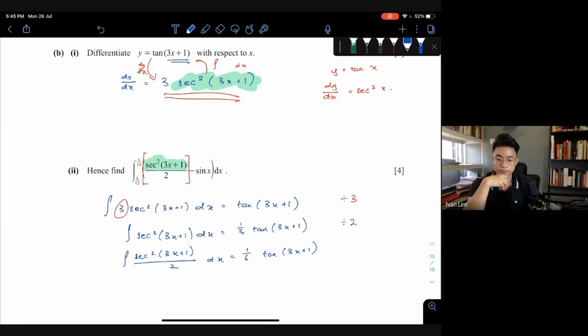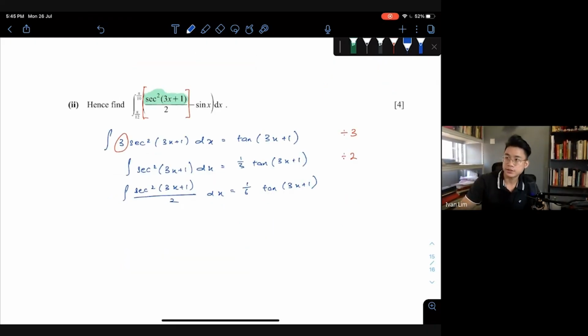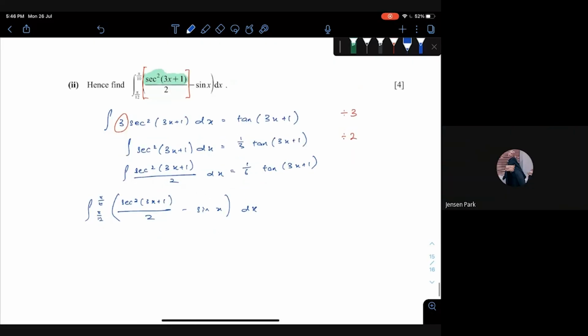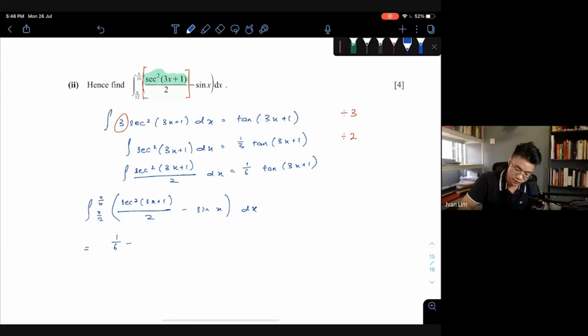Clear here? Yes. Okay, then the sine x. Let's do the whole thing now. I know that this one is 1 over 6 tangent (3x plus 1). So let's write back the question: pi over 12 to pi over 10 of secant square (3x plus 1) over 2 minus sine x dx. I will get 1 over 6 tangent (3x plus 1) minus sine x. What do you get? Plus cos x, positive cos x.